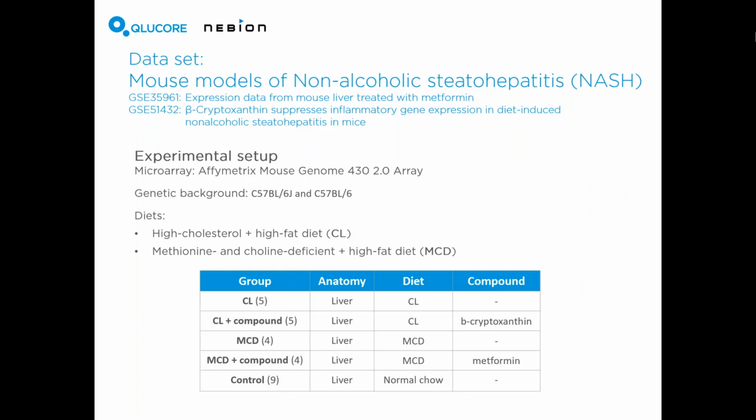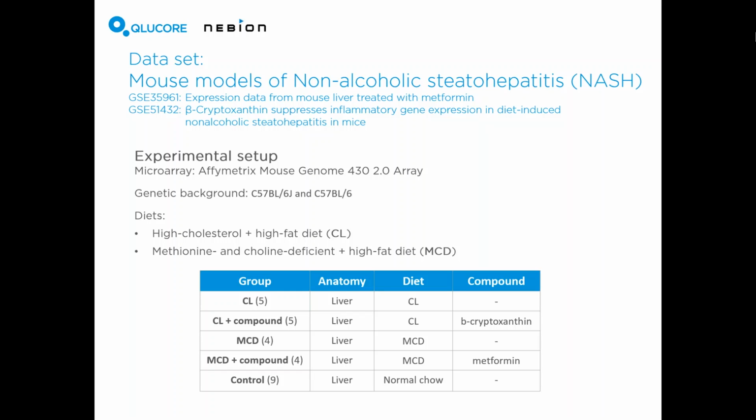We have chosen two studies from GEO, which use mouse models of NASH, with the titles and the accession numbers, which you can see at the top of the slide. NASH stands for non-alcoholic steatohepatitis, which is a very common liver disease that is a progressive form of non-alcoholic fatty liver disease.